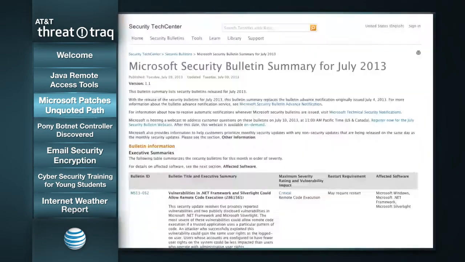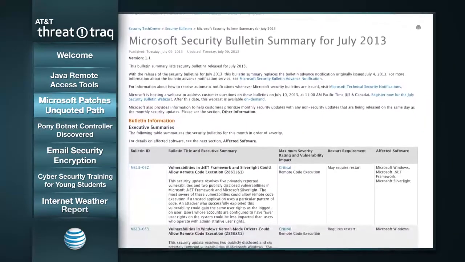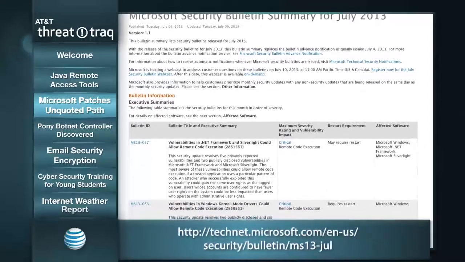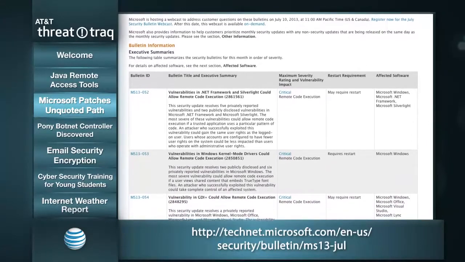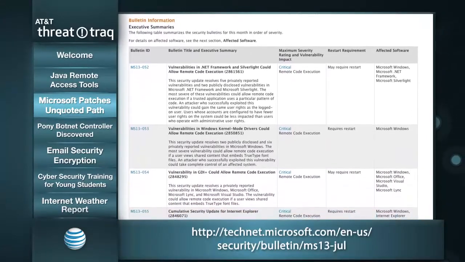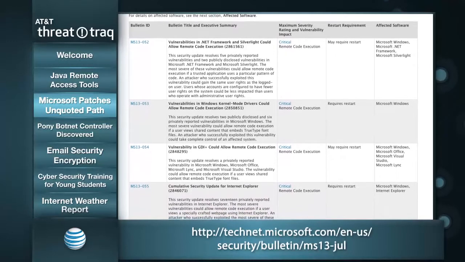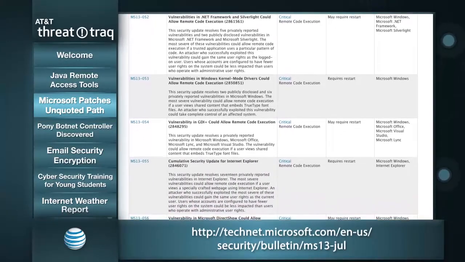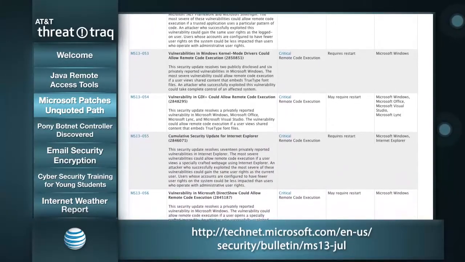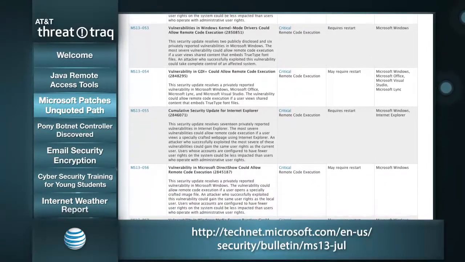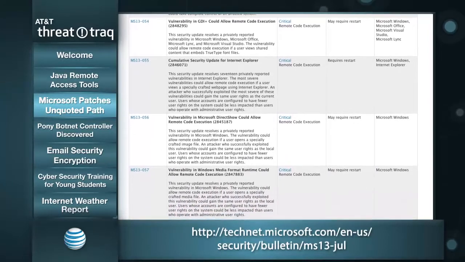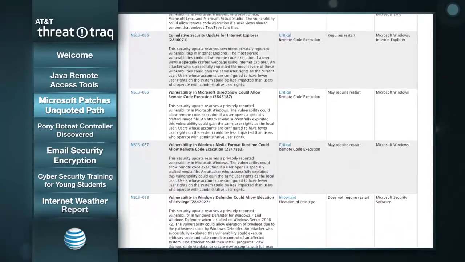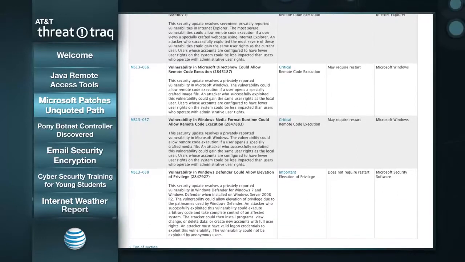Among the criticals, I did want to mention that 2 of them seem to be issues with parsing TrueType fonts, and one of them was an issue that I think we briefly mentioned when we heard about the vulnerability a couple weeks ago, one in win32k.sys, the driver. But the one I really wanted to talk about is the one they marked important, and that was the one in Windows Defender.